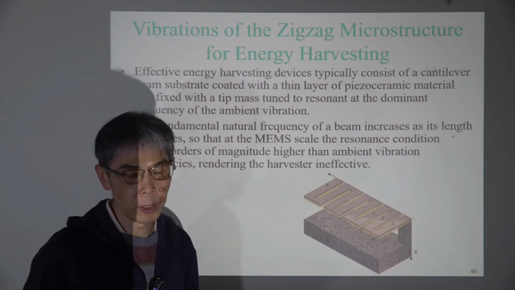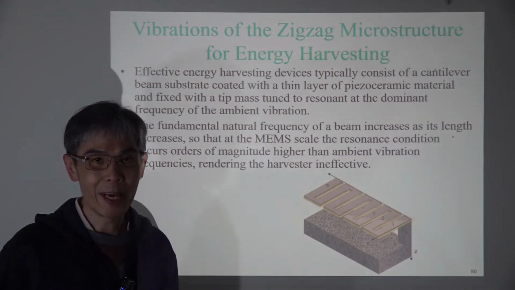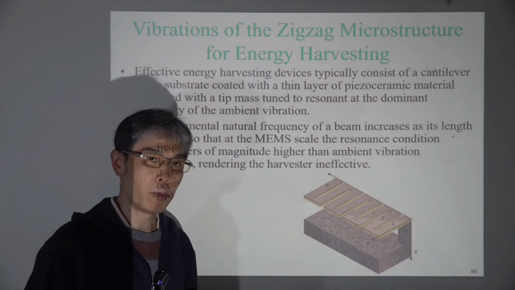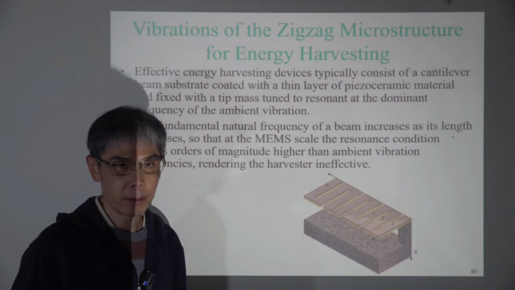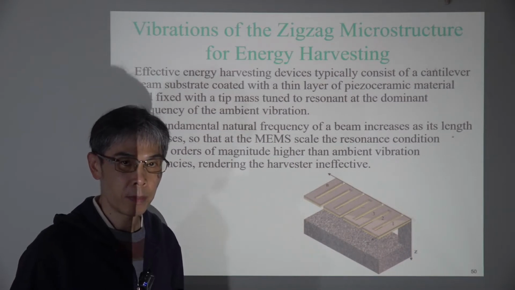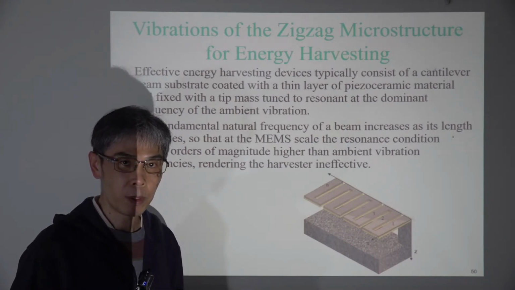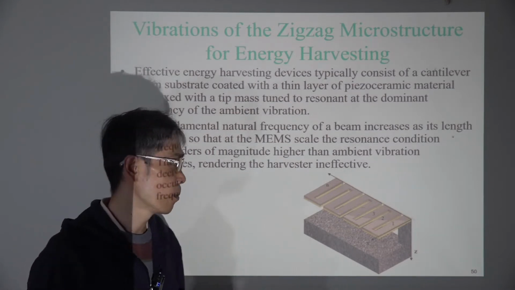So we need to decrease the resonant frequency of the micro device. One way to do that is to create a beam like this, a meandering beam with several segments. Then it has multiple vibration modes near the low frequency range, which is suitable for our applications.